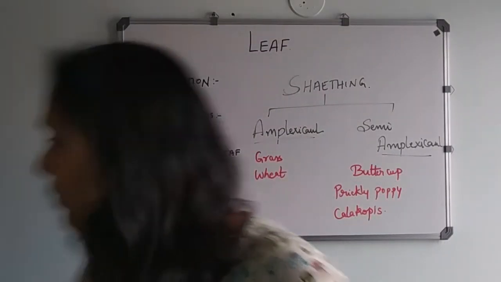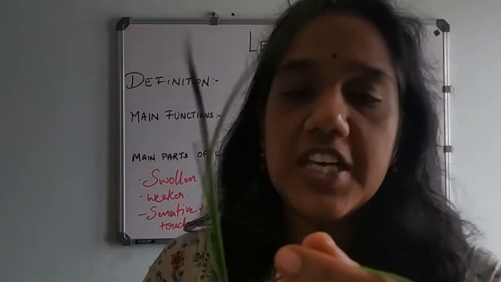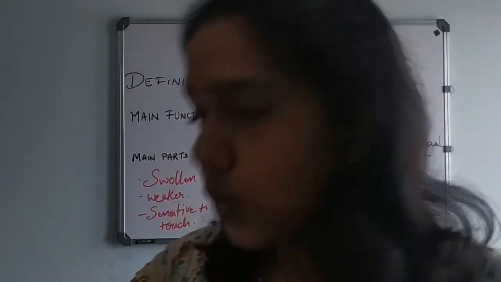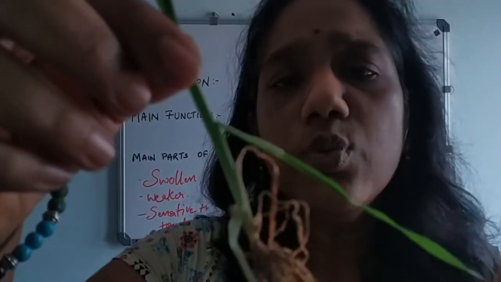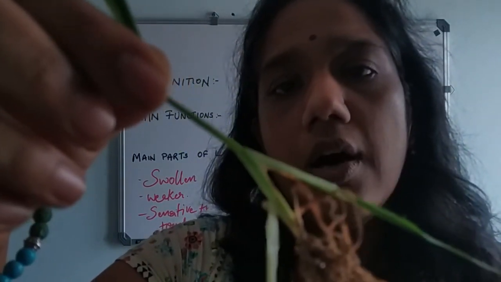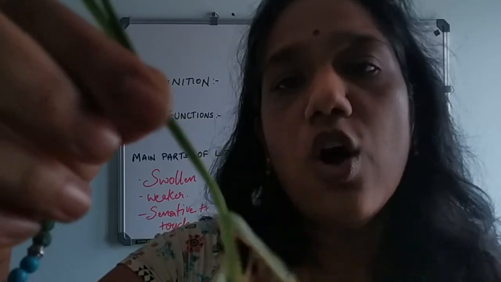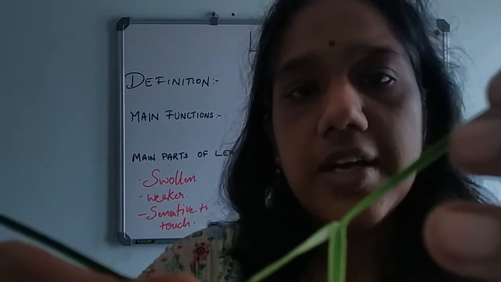First of all, let me tell you what a sheathing leaf base is. When I remove the leaf towards its base, you can see that there is some other appendage which is also coming along with it. Correct? I will try to remove this and show you. See how the leaf has that appendage.